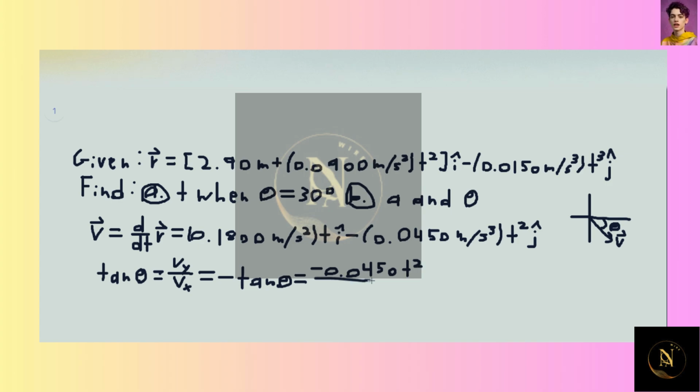And then we have Vx, the x component of the velocity vector, which is 0.1800 times t. And this theta here I can plug in as 30 degrees. So let's plug that in.